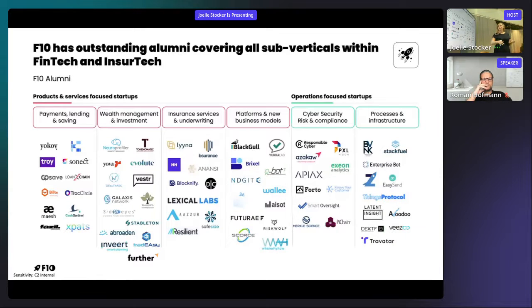Here you see our alumni. I'm sure some of the names you're familiar with. We have a bunch of very well-known names, for example, Yokoi, Sonic. For example, before I came to F10, I worked for Enterprise Bot, one of the F10 alumni. So it's really a huge network and a lot of value that we can provide and that they provide for us as well.